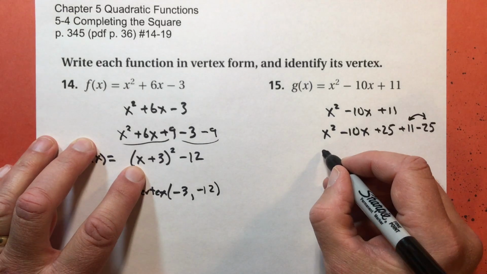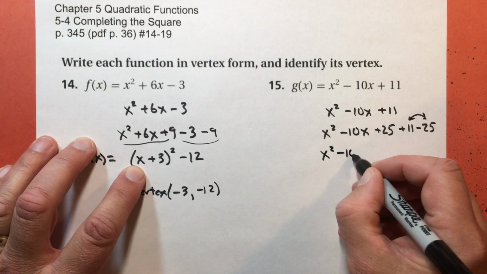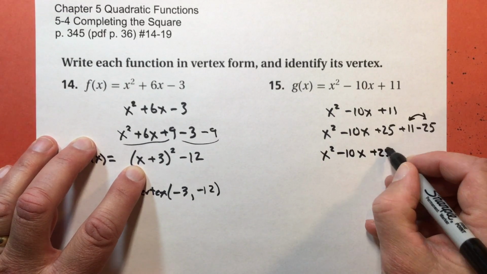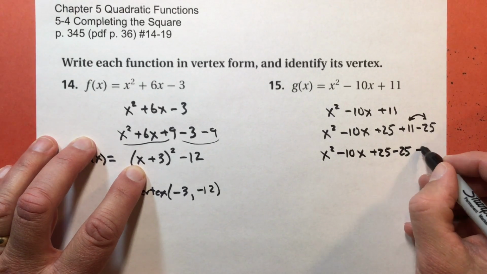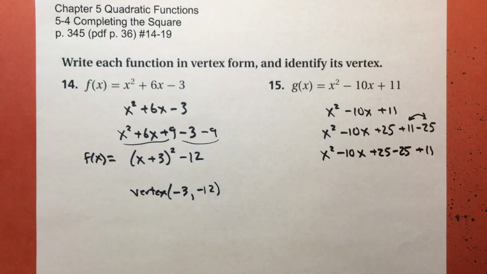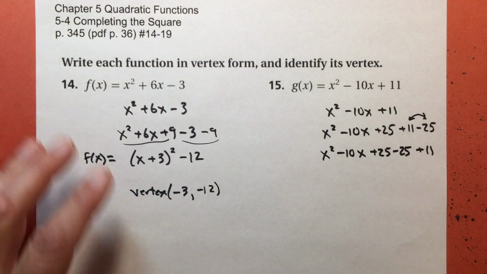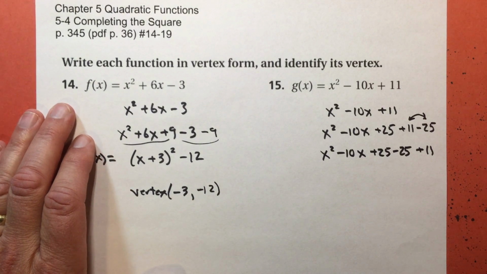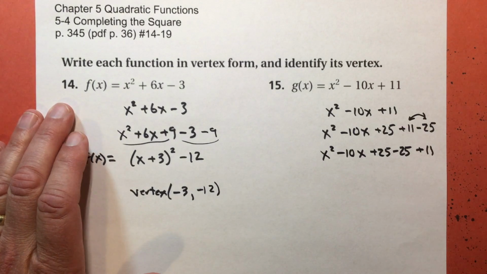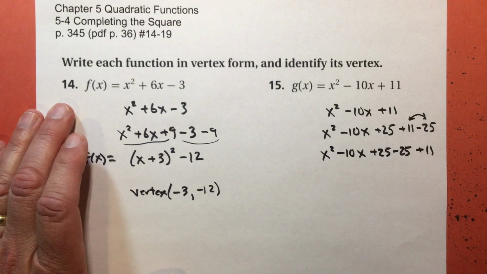As a matter of fact, I'll do it. x squared subtract 10x plus 25 minus 25, and then the plus 11 goes there. I just do it the way I do it because that's the way it makes sense to me. But like anything else, if it makes sense to you, it might not make sense to somebody else. So either way is okay. I'm just cautious that now that I showed you two ways, someone's going to email me and say, do I have to do both?